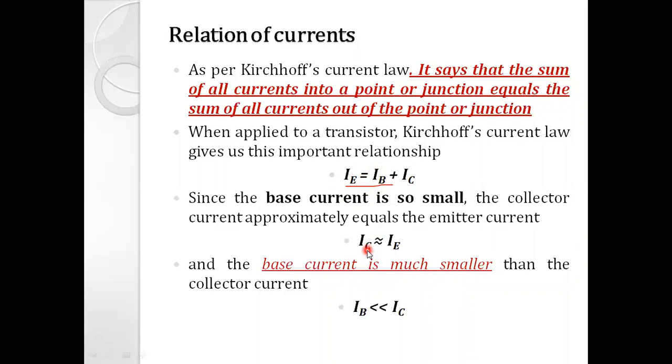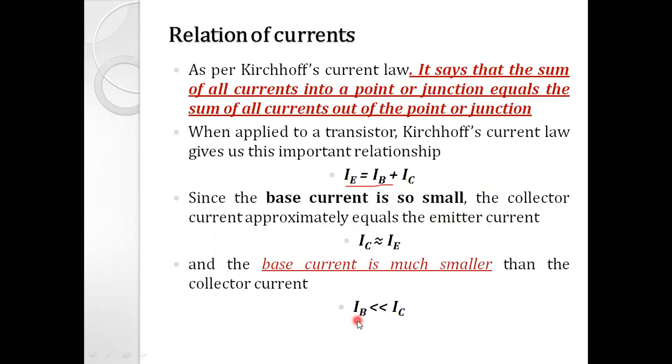As discussed earlier, sometimes we may take the approximation between these two currents, the collector and the emitter, because the base current is very small due to light doping as well as the small area of the base region. So the collector current approximately equals the emitter current.